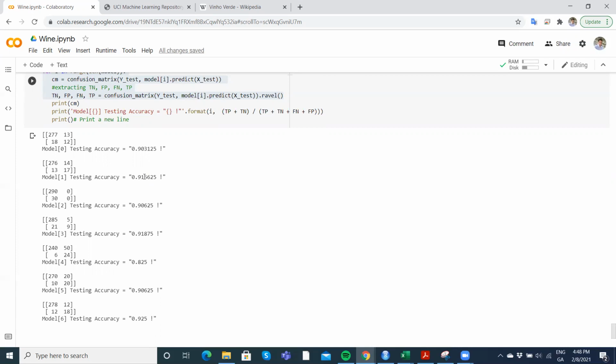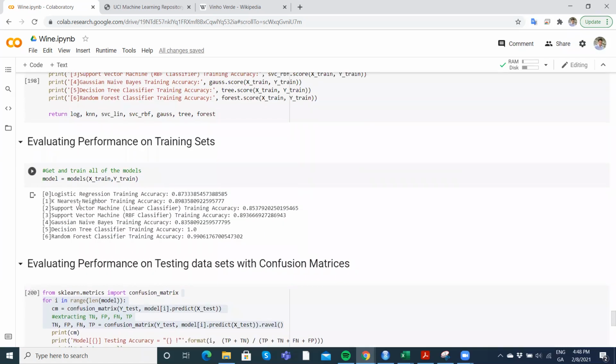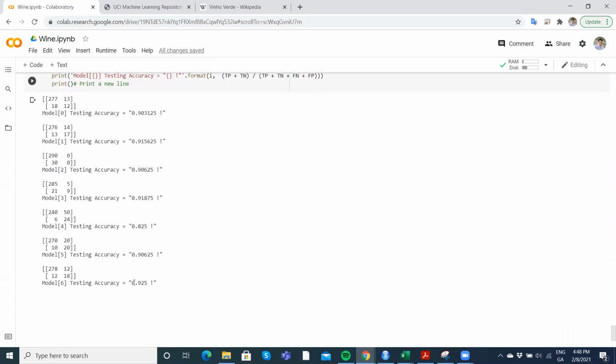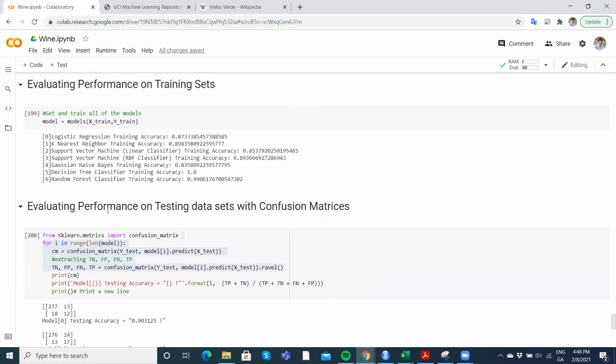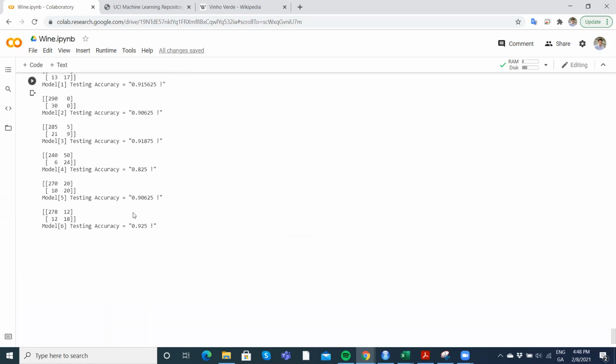92, 91, and there, if we can go back and look at the random forest, it seems to be quite good. And the next best then is the second one down, which I think is not logistic. It is the nearest neighbor training accuracy, right? It's not too bad.